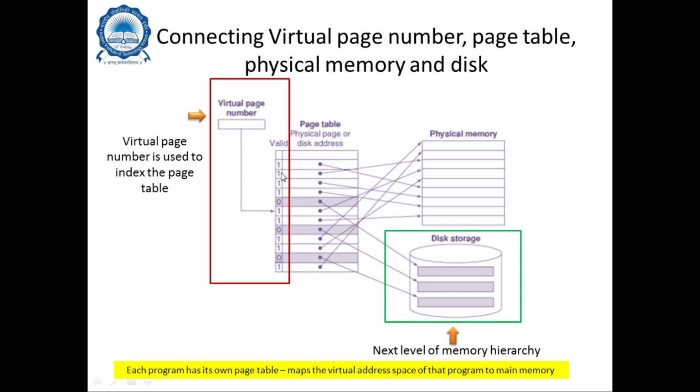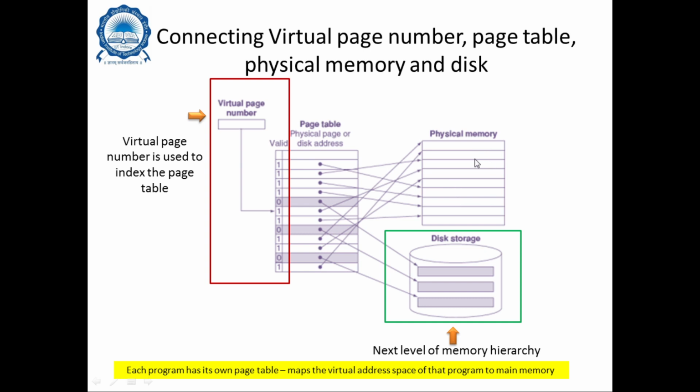This is a valid bit in the page table. If the valid bit is off, it means that the page is not present inside the physical memory and it is inside the disk. Therefore, the entries which are 0 all point to the disk storage, while the entries which have a valid bit turned on indicate that the page is present inside the physical memory.